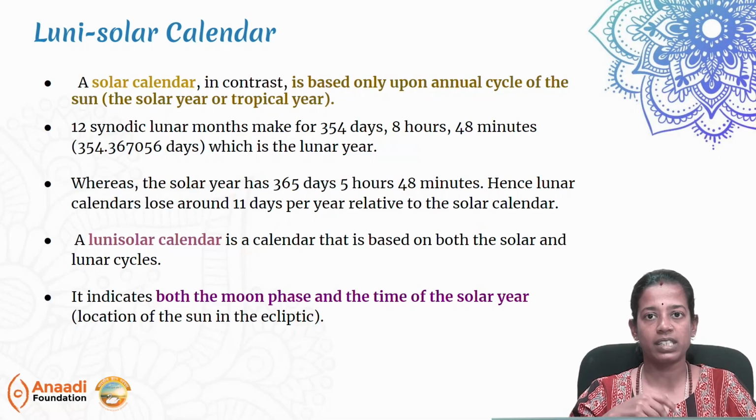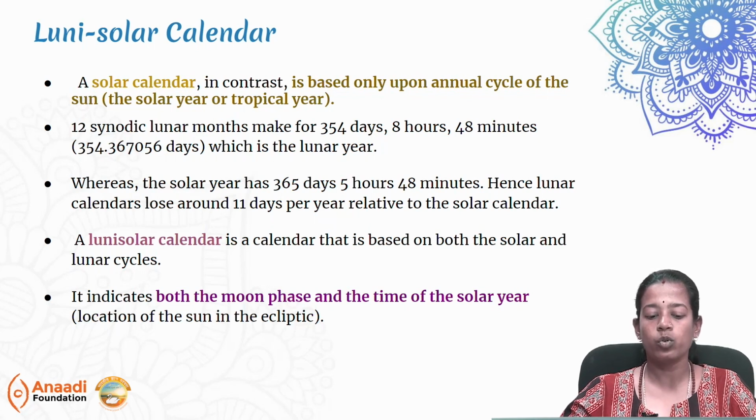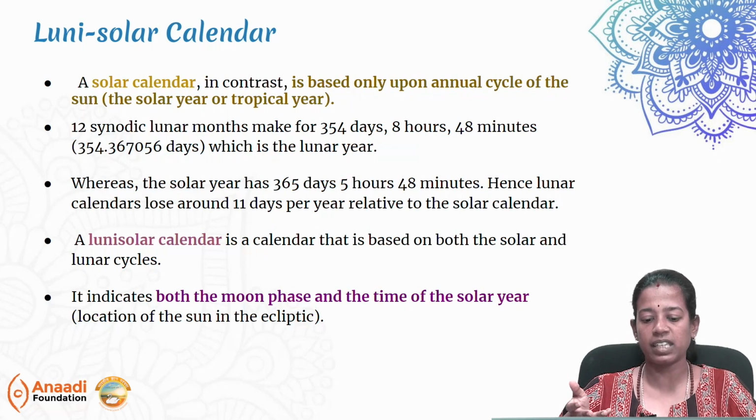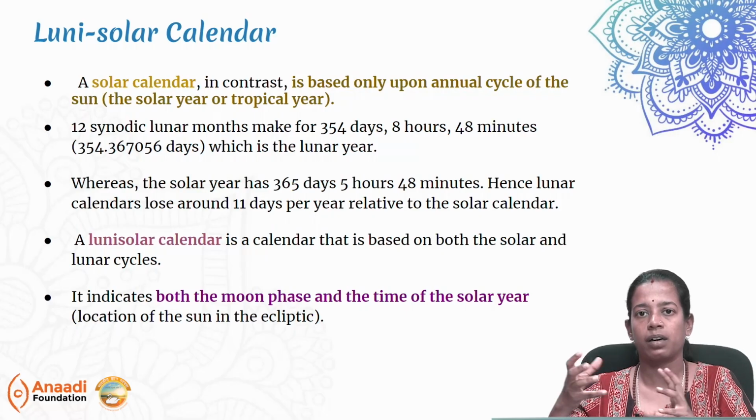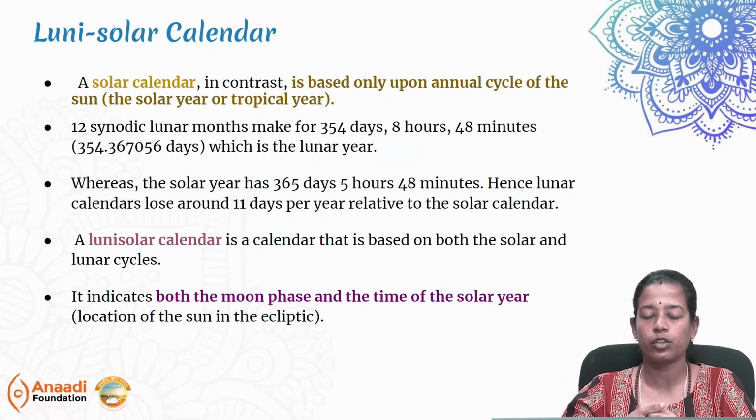We will try to understand more details of it a little later. But we must also appreciate that the lunar year itself was short of the solar year. That is why this calculation of extra 11 days and the Adhika Masa had to be added.